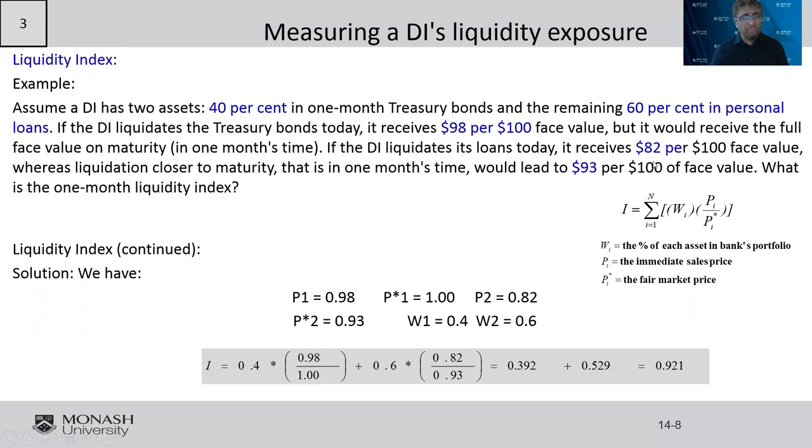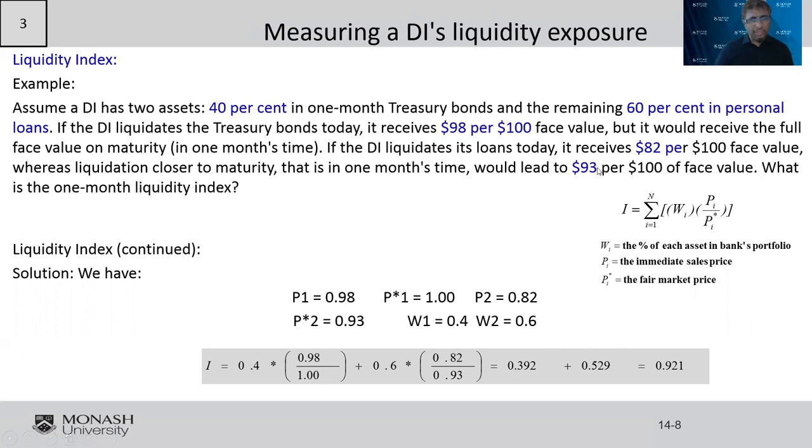So for each $80 that has a face value of 100 when it completely matures, if I liquidate it in 1 month, because I'm measuring next month, it will be 93. This 93 means you liquidate close to maturity.